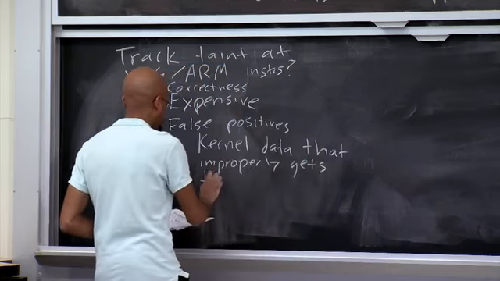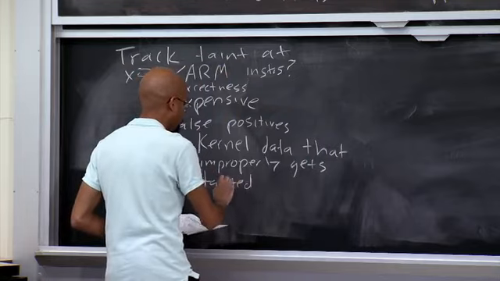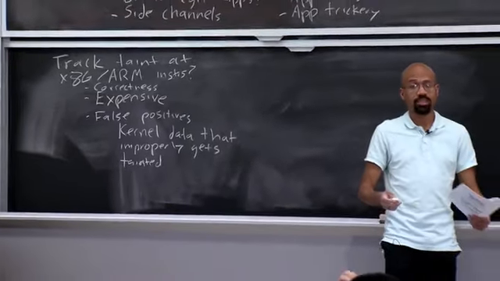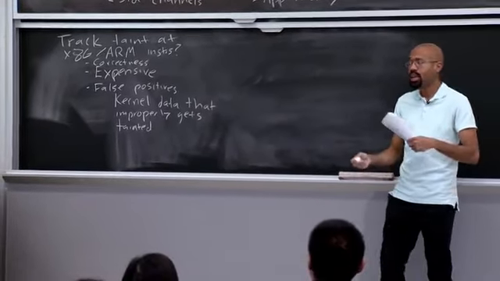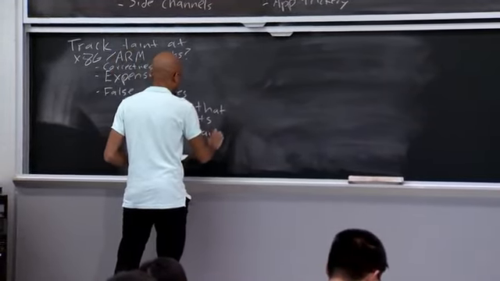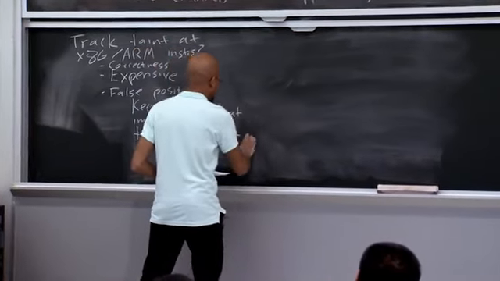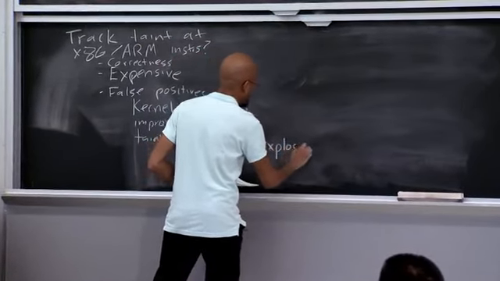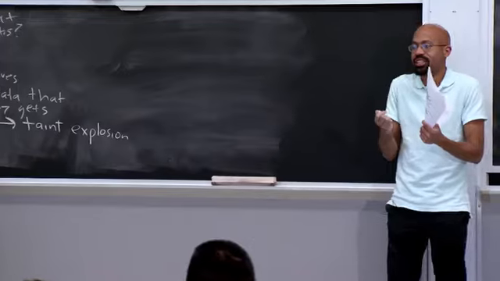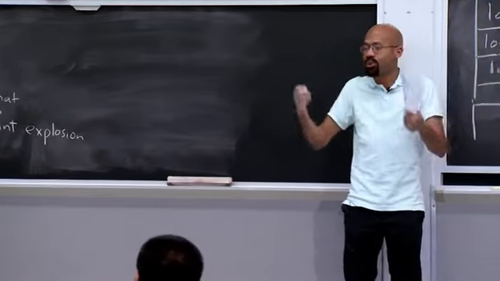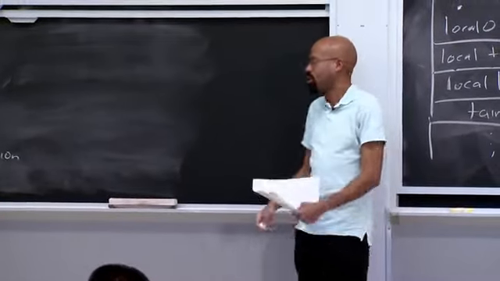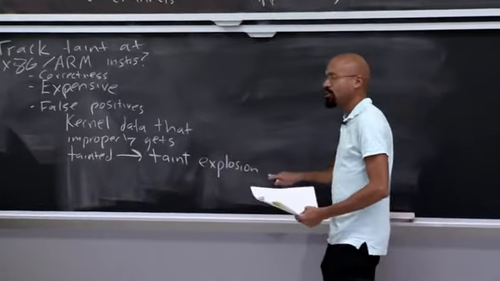If this happens, maybe because your infrastructure is trying to be ultra conservative so it doesn't miss anything, it says, well, I'm going to err on the side of security, and I'm going to taint some of these kernel data structures, then what you get is this exciting term they call taint explosion. What this basically means is that there are certain things that, if they end up getting tainted, are involved in so many calculations that essentially everything in your program gets polluted. It's like one of these things in Dungeons and Dragons where you touch this evil thing, then eventually death spreads throughout your body. And so this is very bad, right?